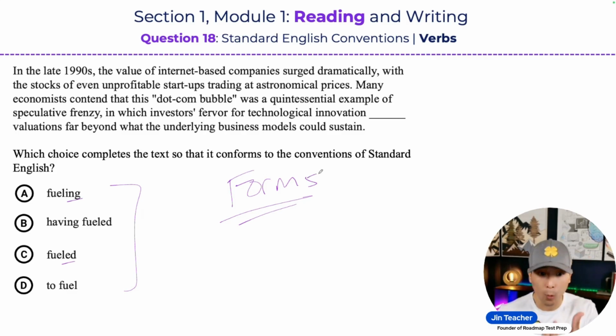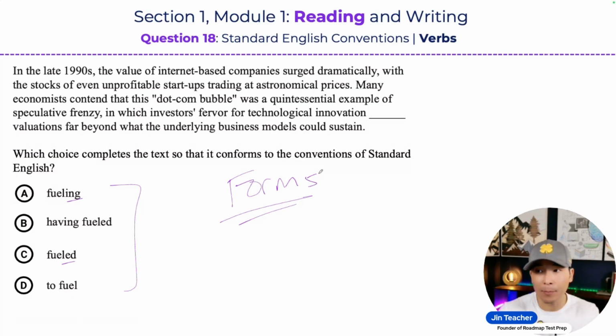Now, the way that a verb is written can affect the structure of the sentence. So let me say that again: the way that a verb is formed can affect the structure of a sentence.